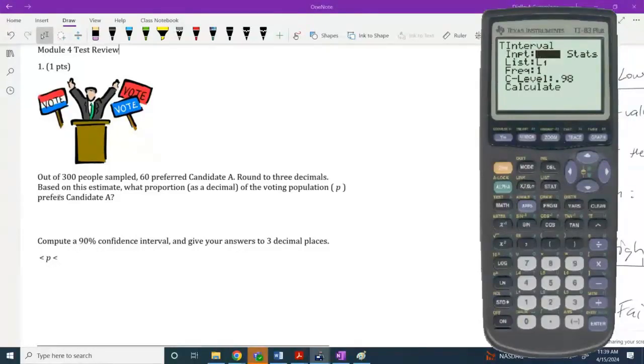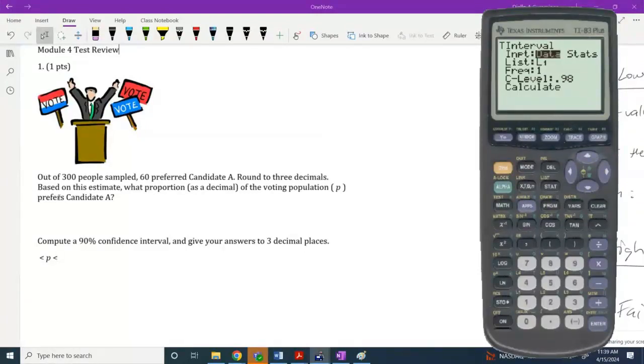So as we read through the problem, it says out of 300 people sampled, so 300 people would be our total, 60 preferred candidate A. So the part that preferred candidate A was 60. It says round to 3 decimal places.